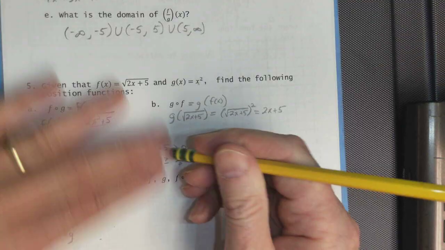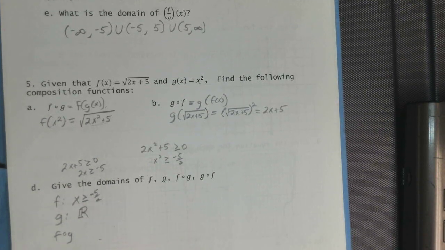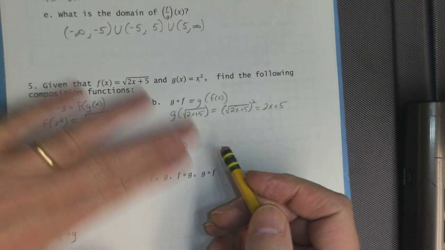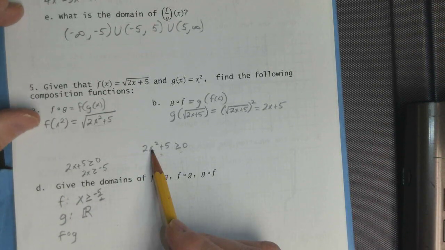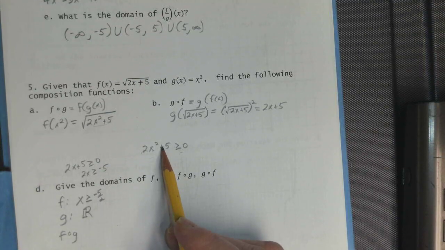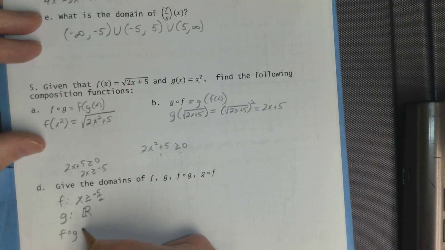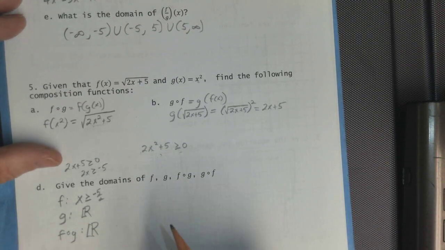Wait, on second thought, if I square something, multiply it by 2 and add 5, it is always going to be greater than or equal to 0, no matter what. So F circle G is all real numbers.